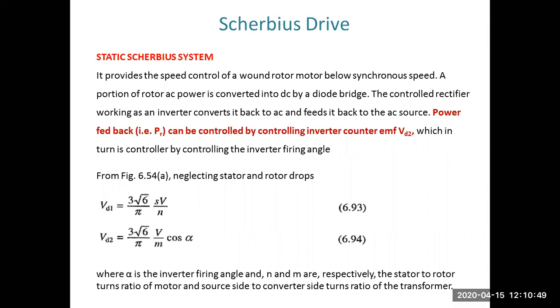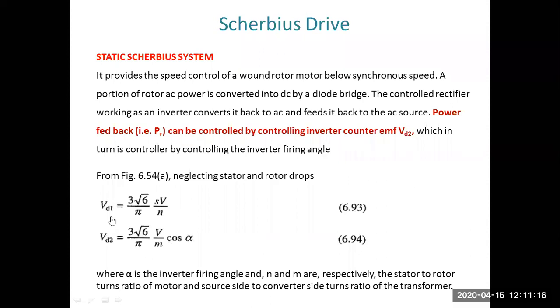Okay, the power feedback can be controlled by controlling the inverter counter EMF VD2, which I have already told you in the previous slide. The power can be controlled by using the inverter counter EMF VD2, which in turn controls the inverter firing angle, and that will change the power. So to analyze this system, we will take two expressions here.